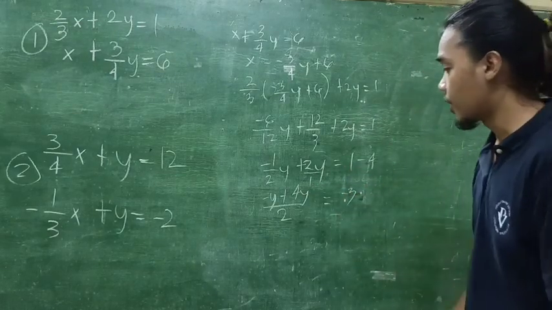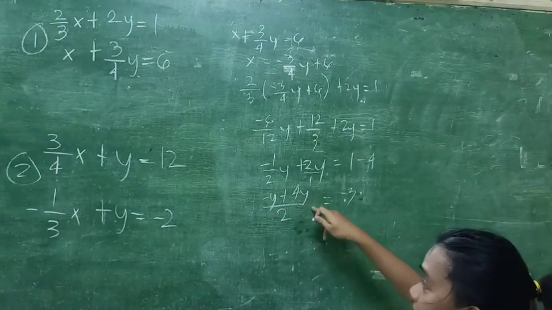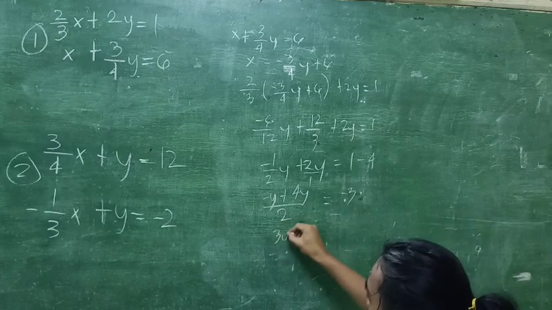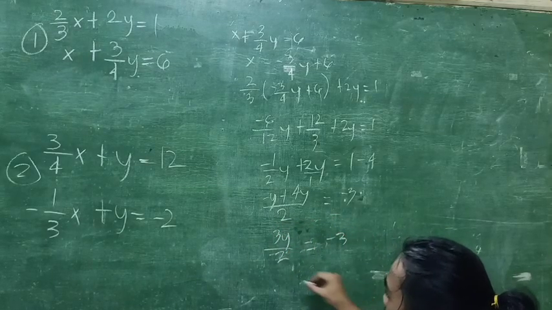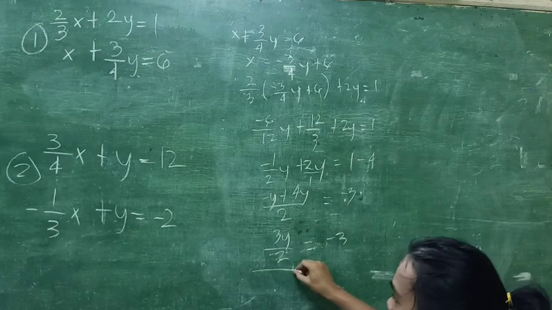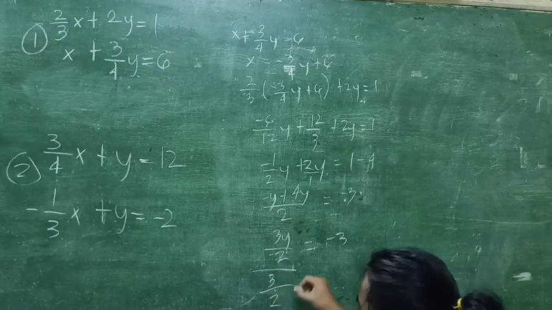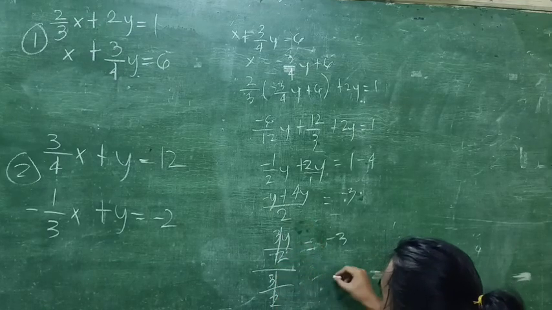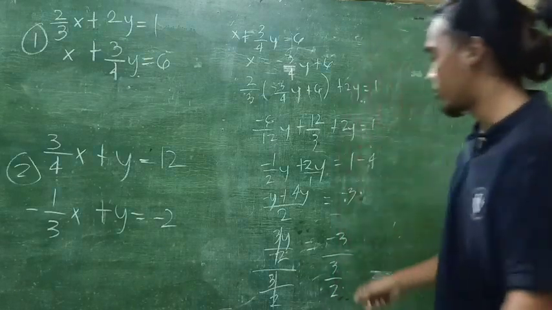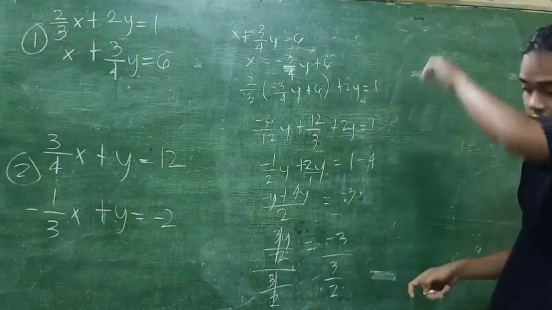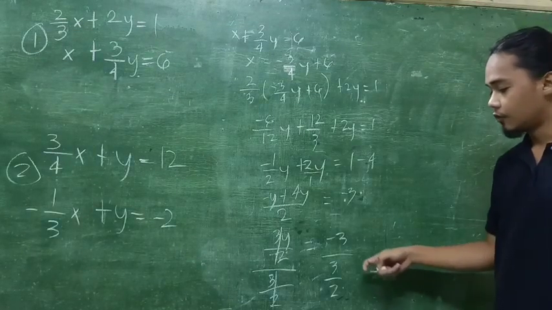Okay, simplify it. Negative y plus 4y is 3y over 2, equals negative 3. Okay, cancel out 3/2 on each side, for us to find the value of y. We have a little bit of a case here, a kind of division.